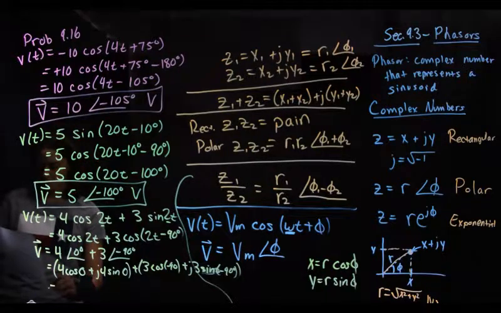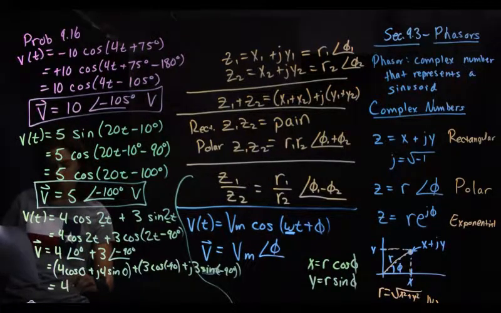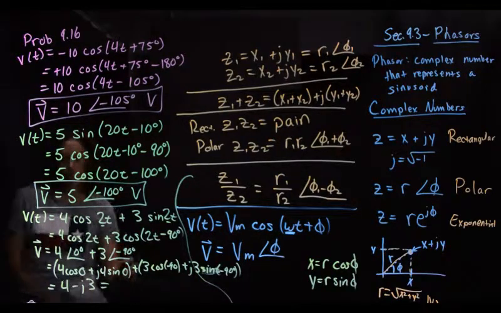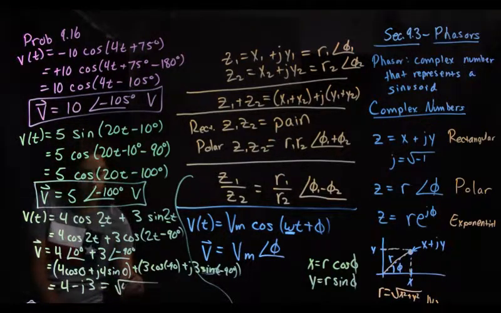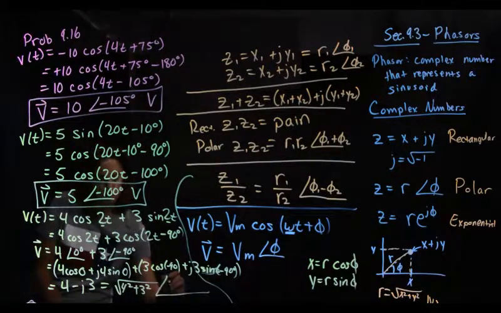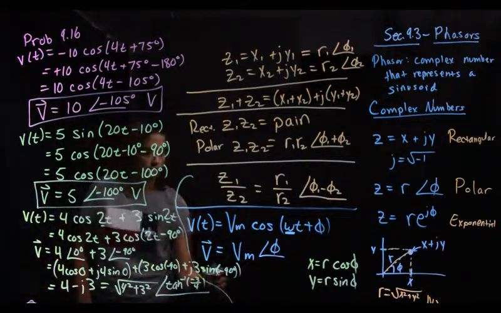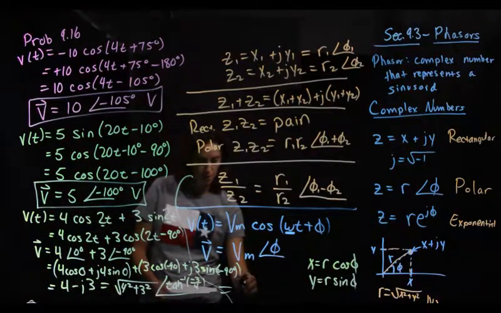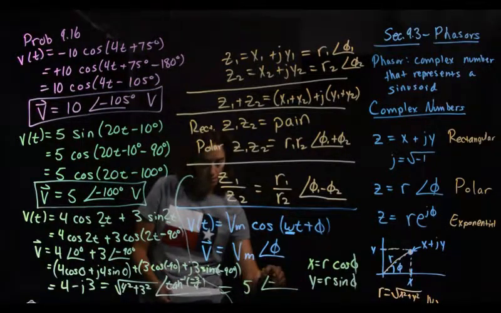And if we do that, we get 4 minus j3. Turning that back into a phasor, I have the square root of 4 squared plus 3 squared, at an angle of tangent inverse of y over x, minus 3 over 4. And we get a final answer: 5 at an angle of minus 36.87 degrees.